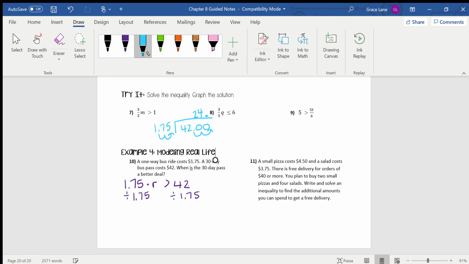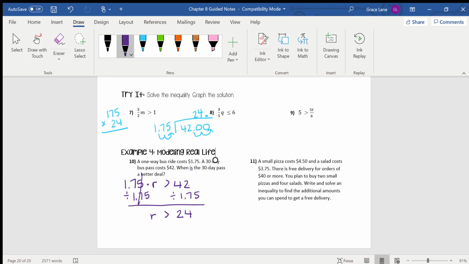If you really do 175 times 24, you get 4,200. So if you divide, these will cancel out. So R has to be greater than 24. What that is saying is you need to ride the bus more than 24 times for the bus pass to be a better deal.